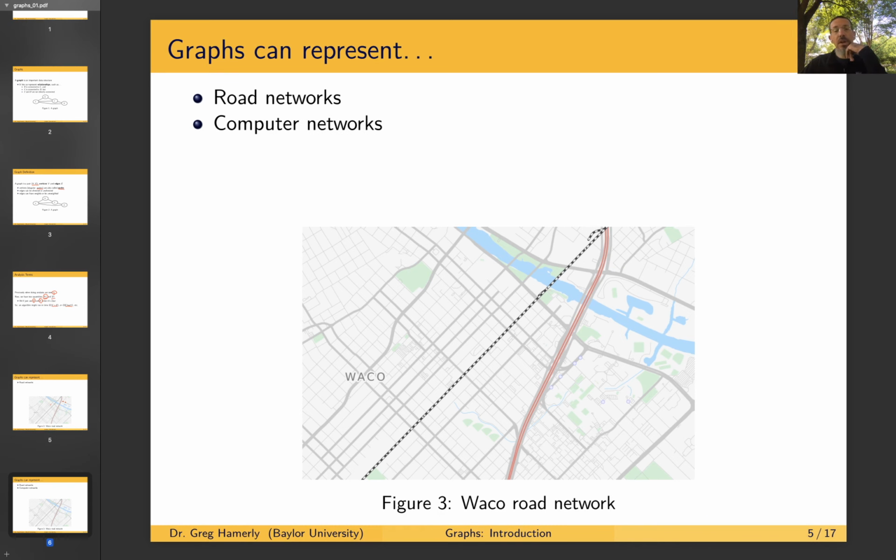Computer networks are another good example of what a graph could represent. Each node in the graph could represent a computer, and a connection between two computers, either by a Wi-Fi connection or an Ethernet connection or some other type of connection, could be an edge.